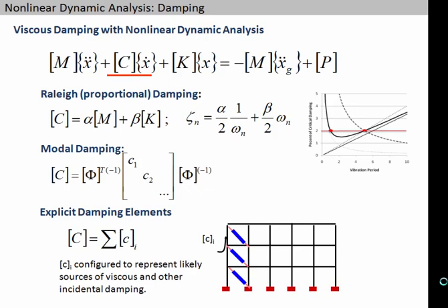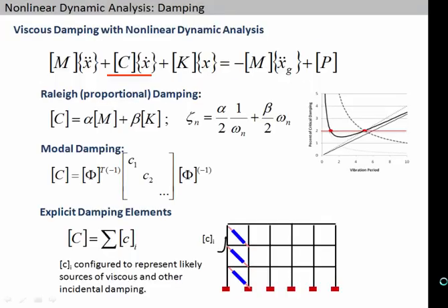Once you have that C matrix, there are different ways to formulate it: with Rayleigh damping of proportional mass and stiffness, indexed to percent critical damping at two values, or you could use modal damping. Again, if you have damping elements in your structure, like viscous dampers, you don't want to put in an effective viscous damping. You just model those velocity-dependent dampers directly in your analysis.